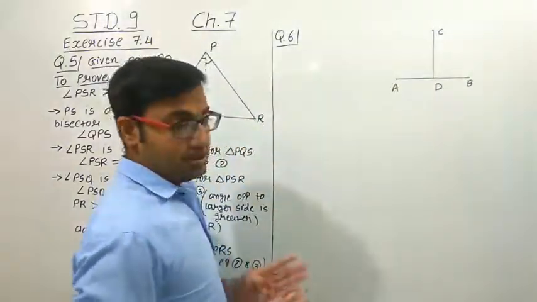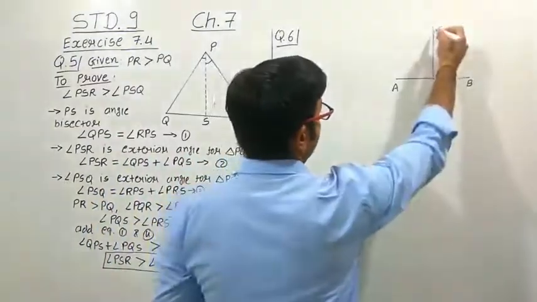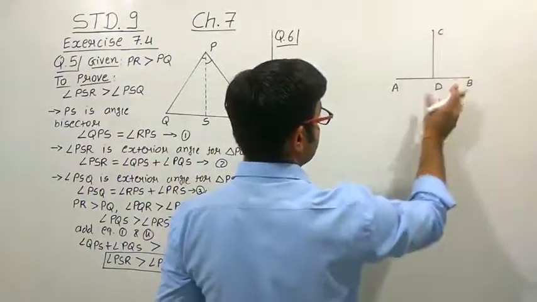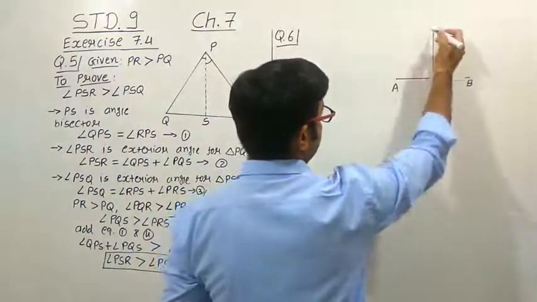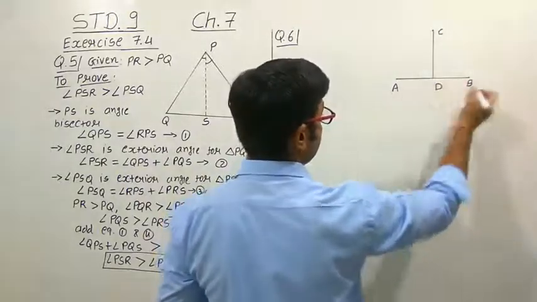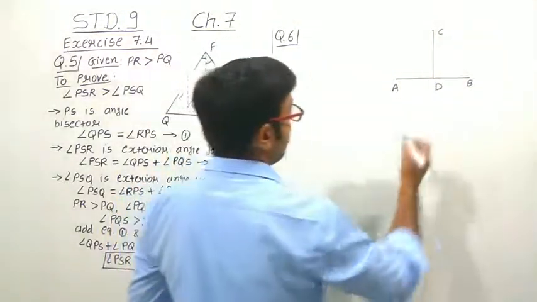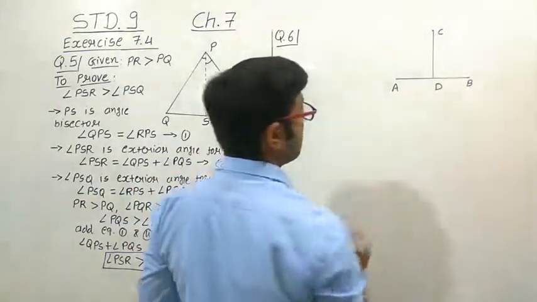So the question is that if we draw line segments from this point to the line segment AB, whatever is the perpendicular is the shortest.